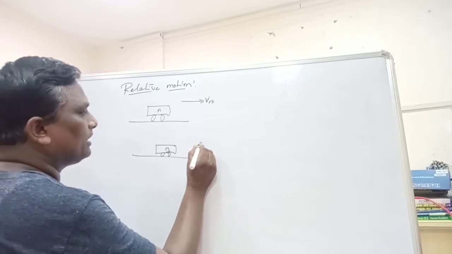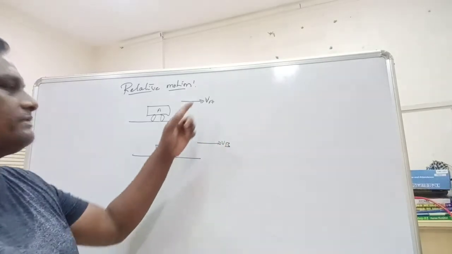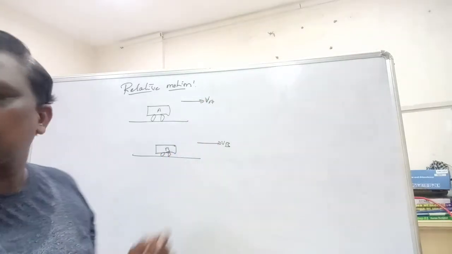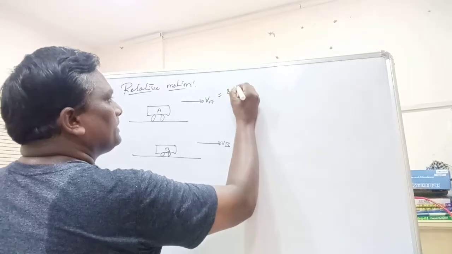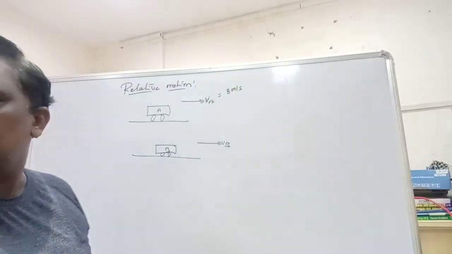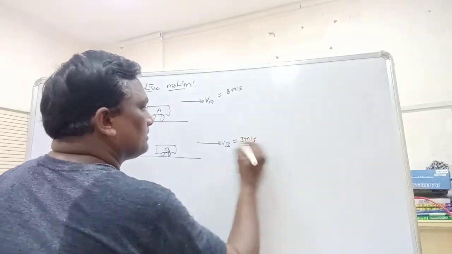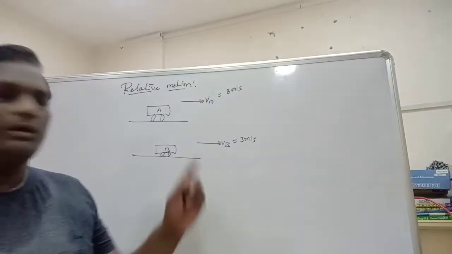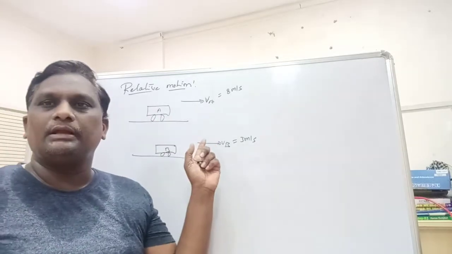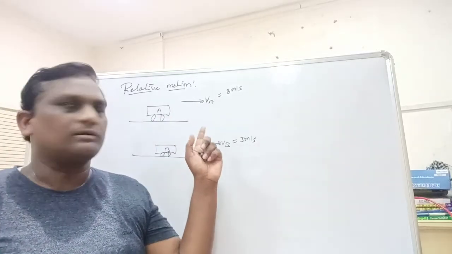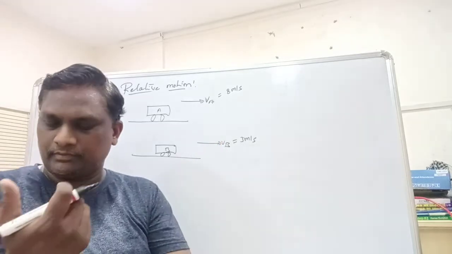The velocity of car B is also in the same direction, VB. Take the velocity of car A as 8 meter per second and the velocity of car B as 3 meter per second. Both cars are moving in the same direction.